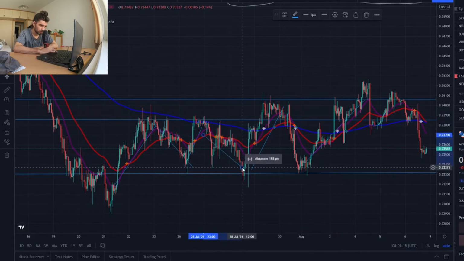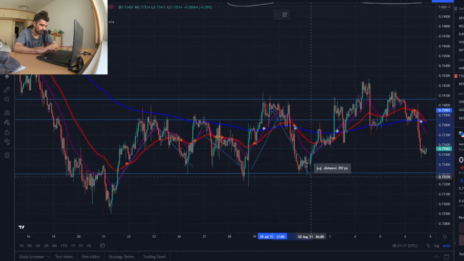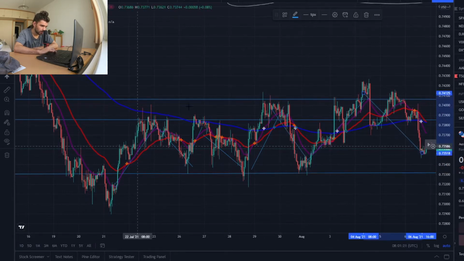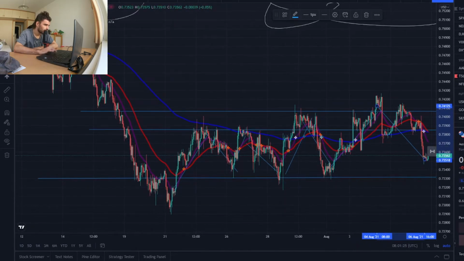Now, the scalping strategy is simple. We want to trade within this range between the support and resistance lines on the 1 hour chart.